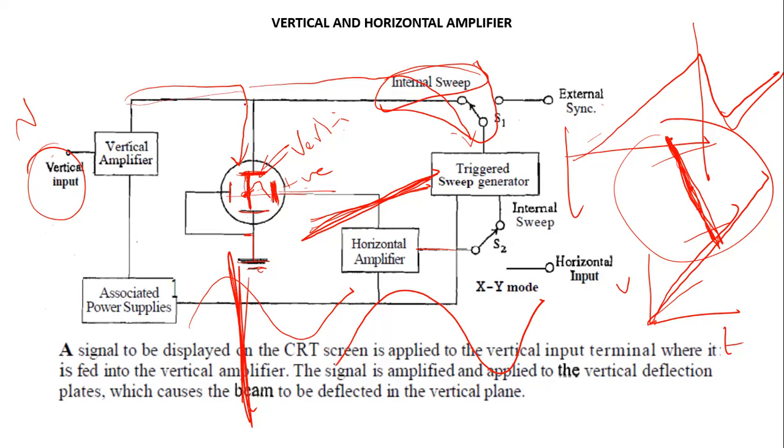The amplified signal is given to this and also to this triggered sweep generator, so that converts your input signal itself into this kind of sawtooth wave. The sawtooth wave will result in tracing of the cathode rays on the screen of this cathode ray tube.